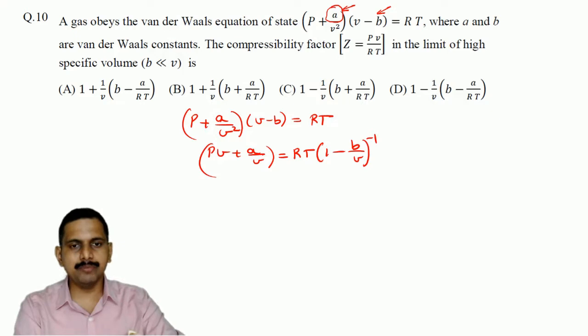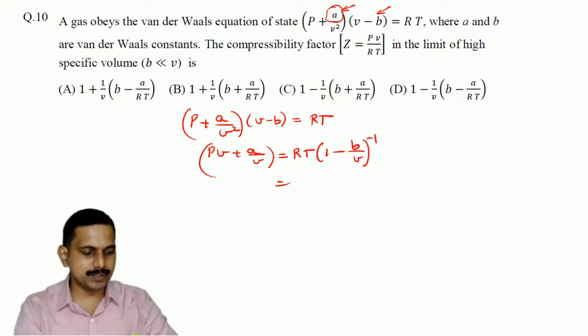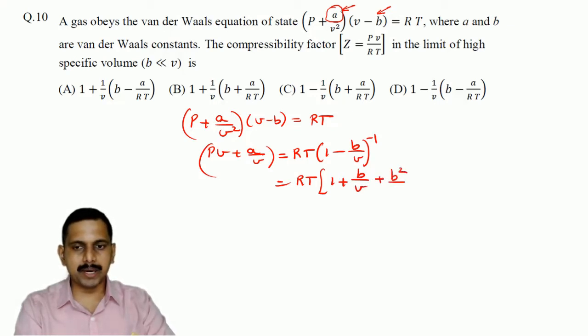I am dividing by V and then taking it the other way around, so it is minus 1 here. Now if I do the binomial expansion of this, I will get this as equal to RT(1 + b/V + b²/V² + so on).